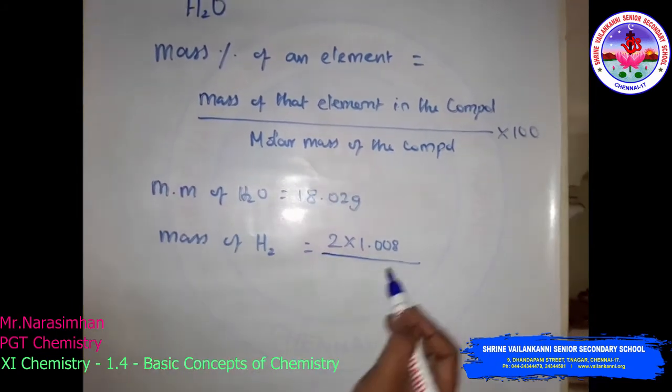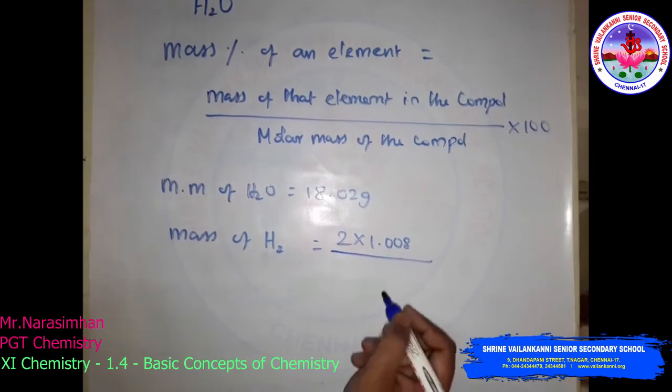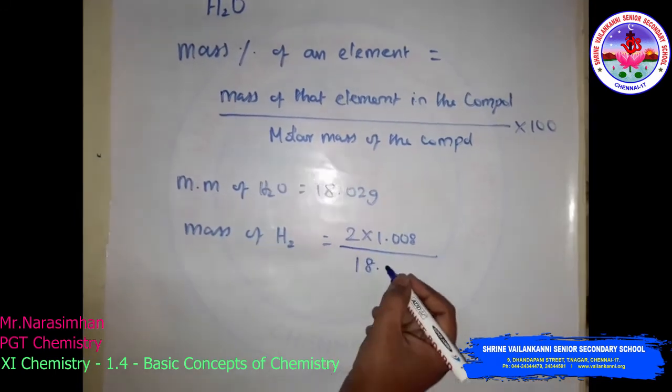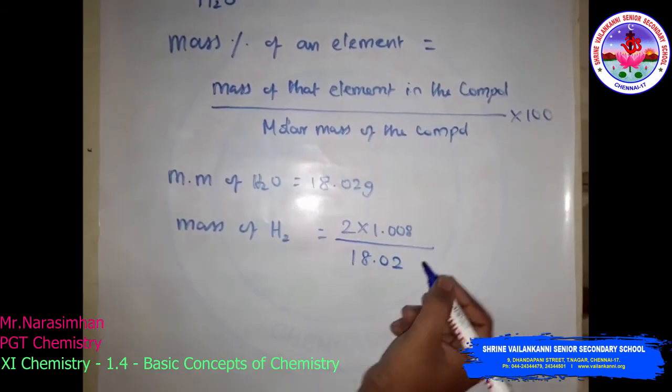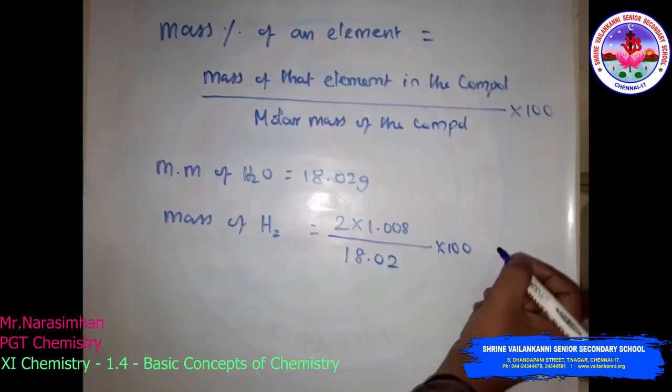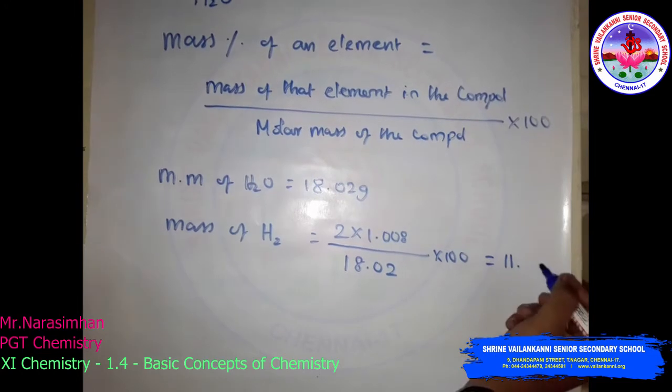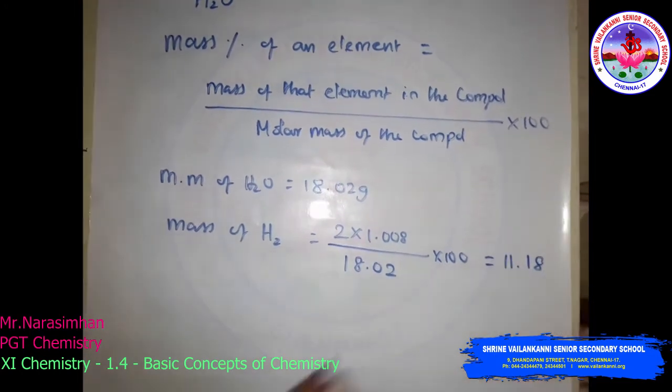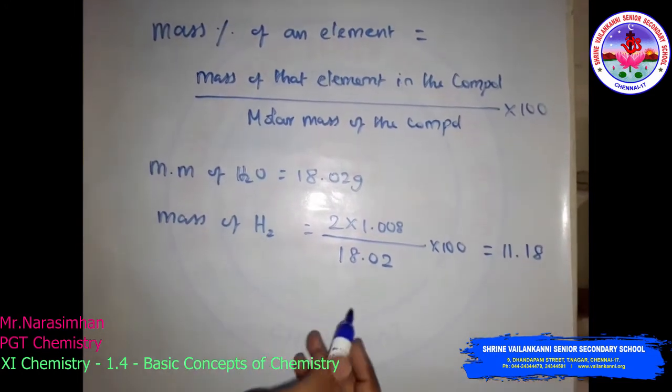Divided by the molar mass of water, 18.02, into 100. After simplifying this, you will get 11.18. So the mass percentage of hydrogen is 11.18.